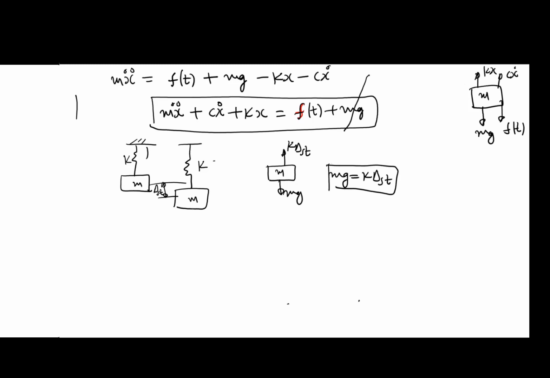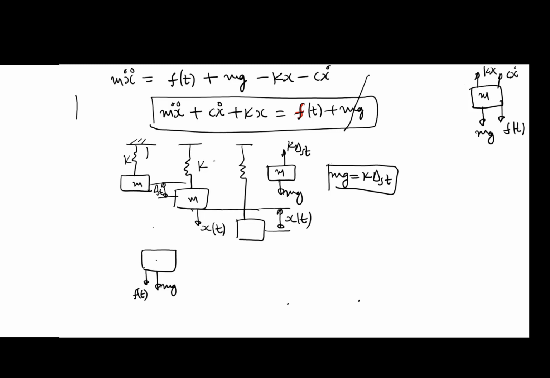Now if you further draw the spring by x of t amount, the spring will open by x of t more. Now if you draw the free body diagram, because of this force due to which this x of t happens, the spring will actually elongate by x plus delta static in total. Delta static is already there because of mass m, and now x displacement is there because of this force. So now you will see these forces are opposite.